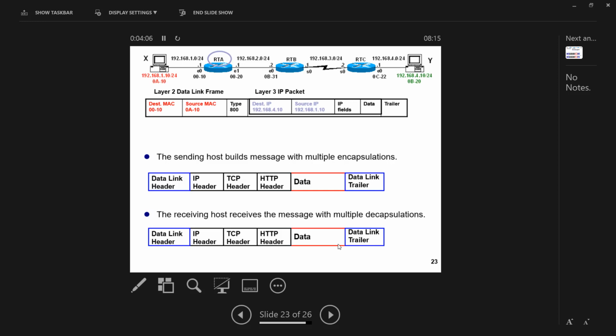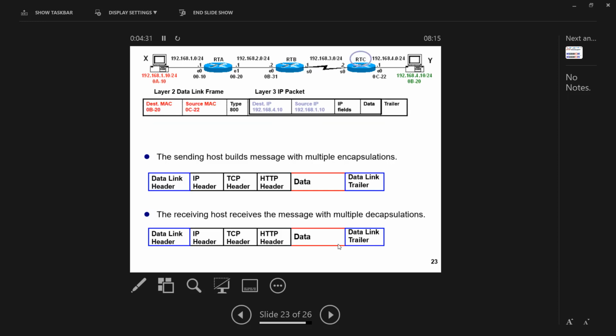So whenever we move the packet through the path, the IP address of the source and destination will always be fixed. What would change is the MAC address of the source and the destination. If we move from router A to router B, we will change the source and destination address to those of router B. If we move to router C, we'll change the source and destination MAC address.